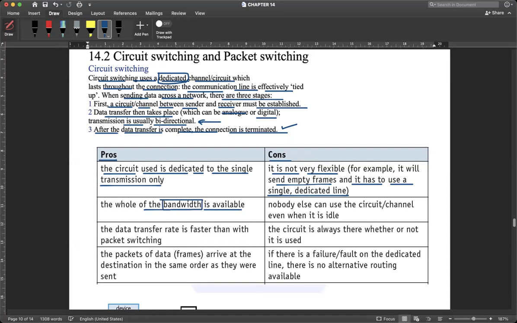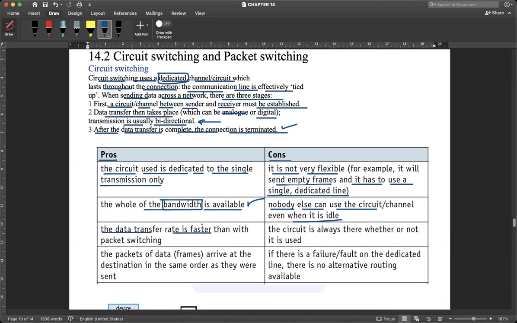The bandwidth is not going to be divided across the whole network, so it speeds up your transmission. This is a good point. Number two, con: nobody else can use a circuit even when it is idle. Yes, it is a dedicated one, guys, so nobody is allowed to use it until the user is going to use it.